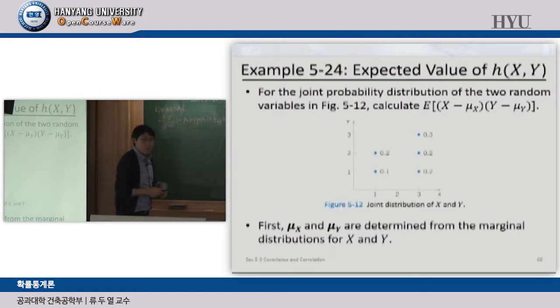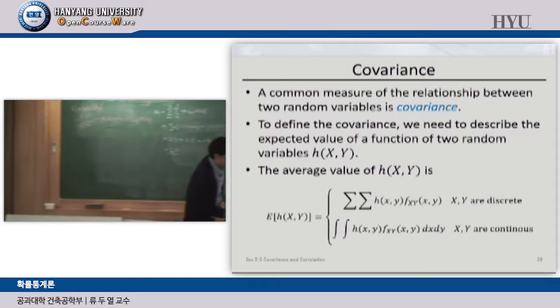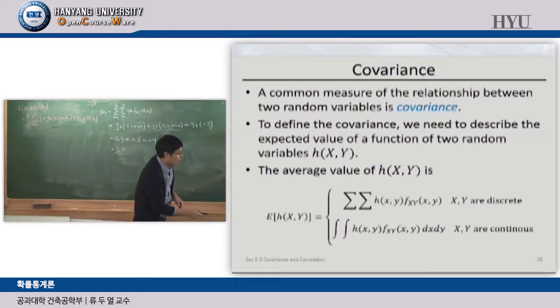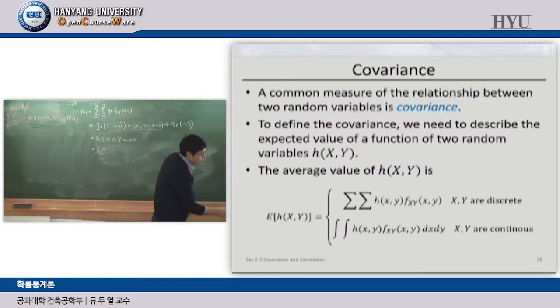Please see your previous slide. This is the h x comma y. So this is this formulation: the double summation, where h x comma y is equal to this equation, and this is the joint probability mass function. Okay?